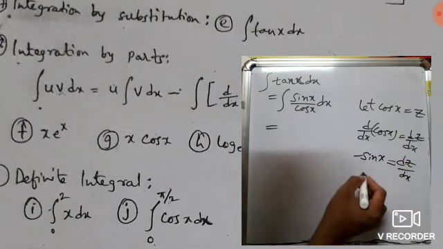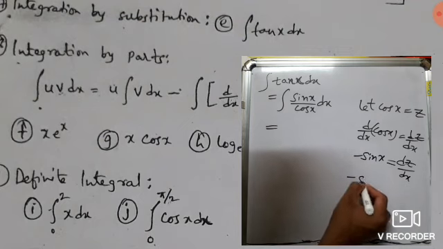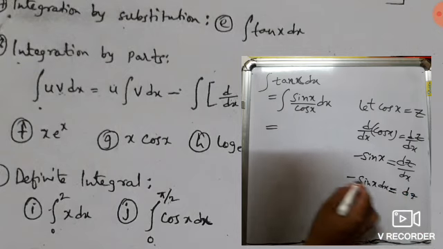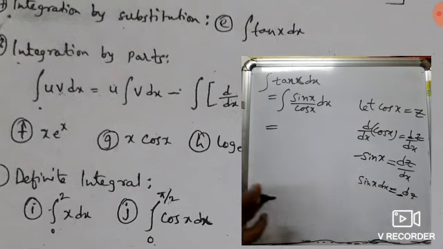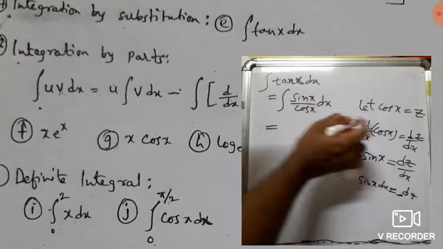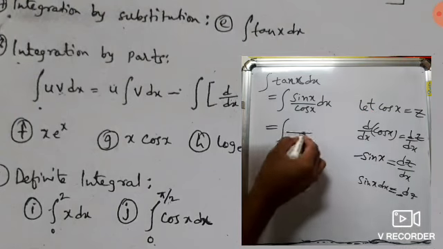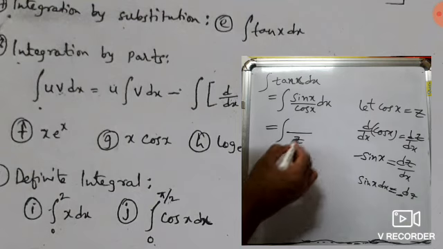Raise this dx here, so we can write minus sin x dx is equal to dz, or we can take the minus sign here also. So we can see in this formula we can put cos x is equal to z. So in place of cos x we can write z.